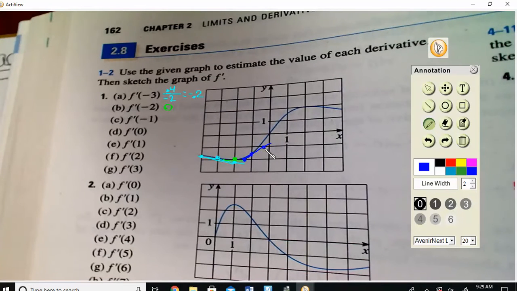So if I started here, I would go up 1, so rise over run, and how far apart are those? Roughly 1 apart, you think? It looks like they're about 1 apart, so 1/1 is about 1.